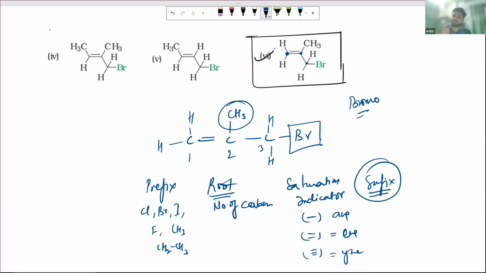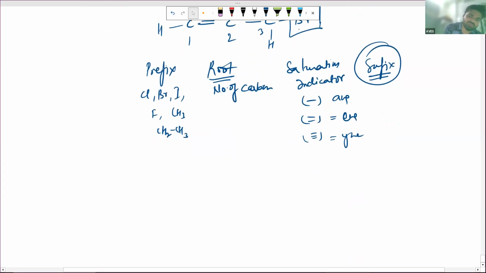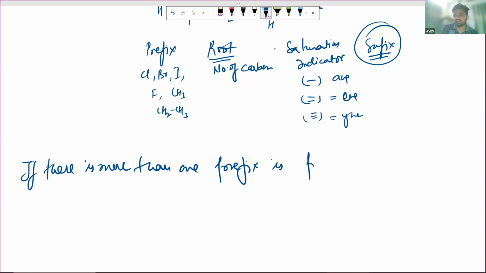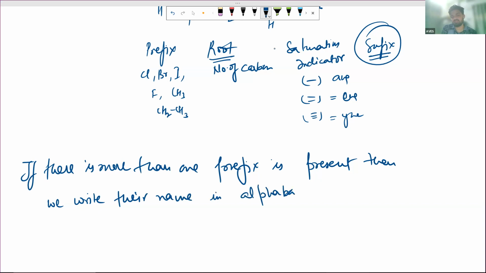If there is more than one prefix present, then we write their names in alphabetical order.